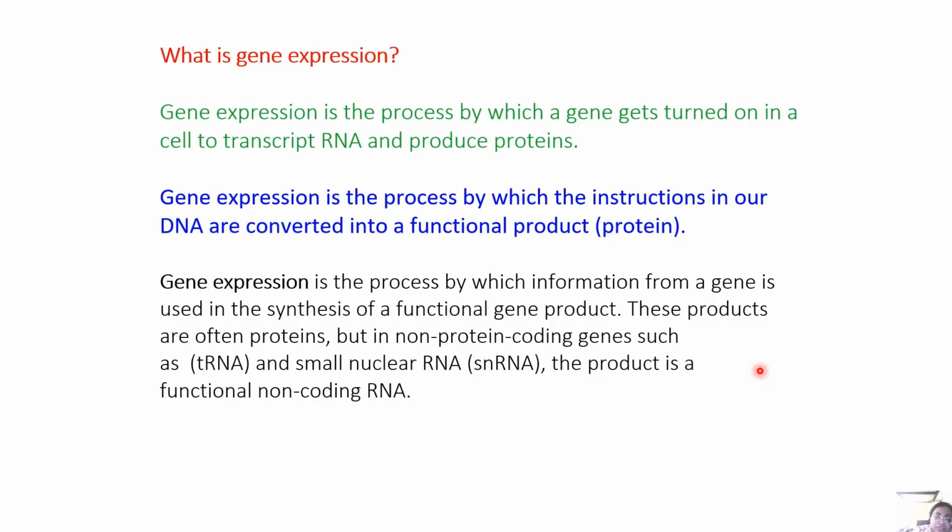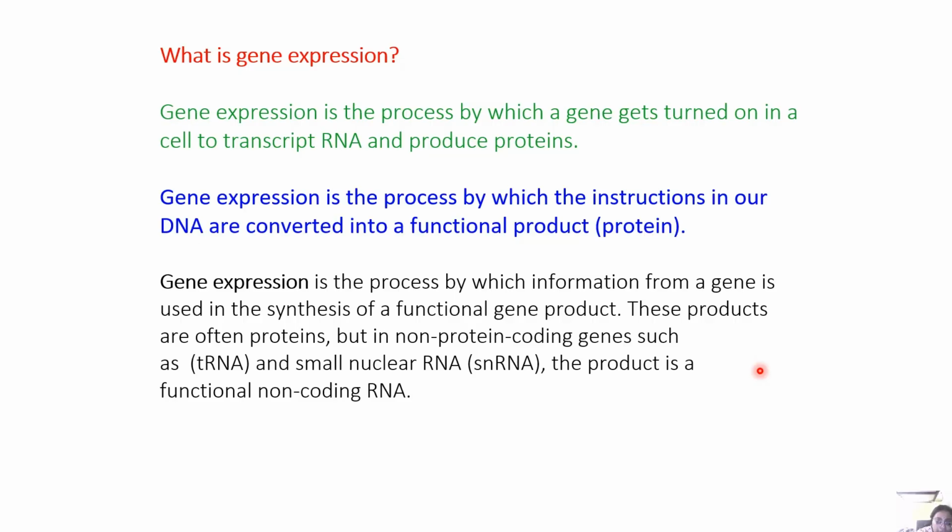If you talk about gene expression, it's basically the process by which a gene gets turned on in a cell to transcribe RNA and produce proteins. It's the process by which the instructions in our DNA are converted into a functional product, which is a protein.